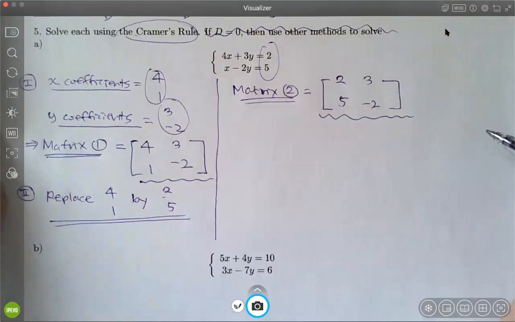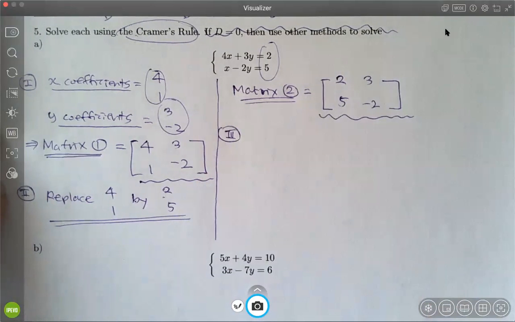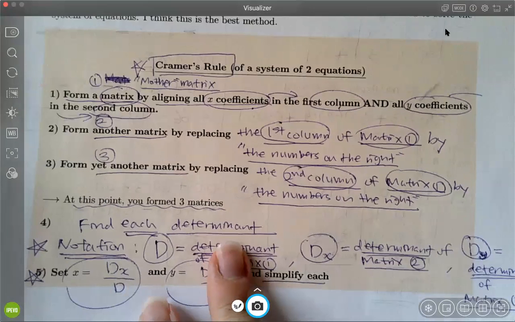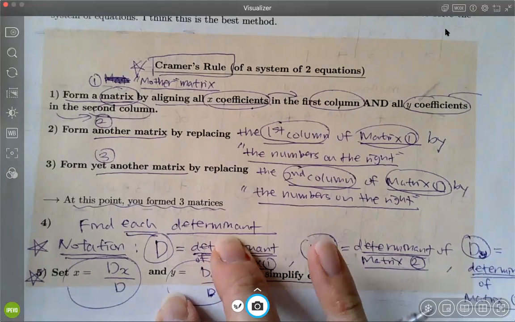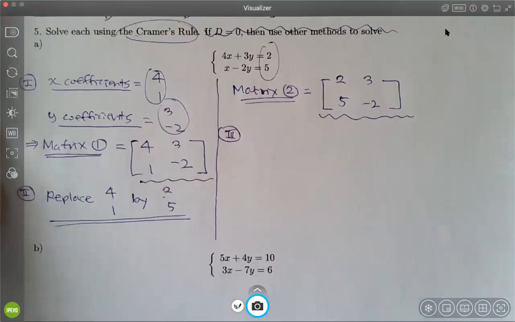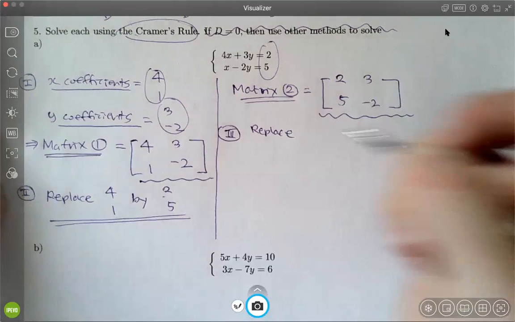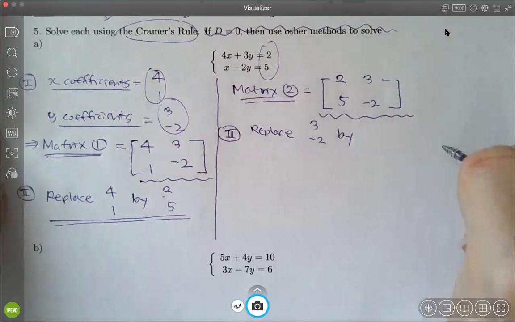Now step number 3. Going back to the scheme, we replace the second column of matrix 1 by, again, what's on the right. So we replace 3 and negative 2 by 2, 5.